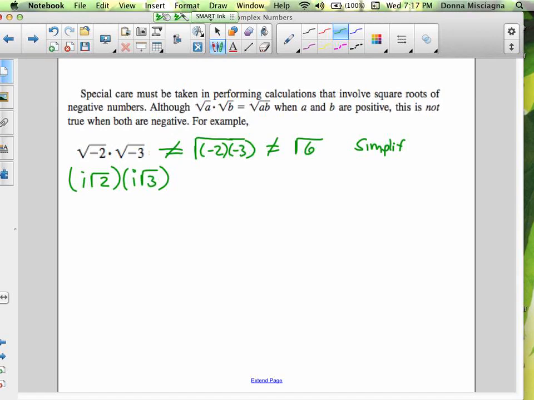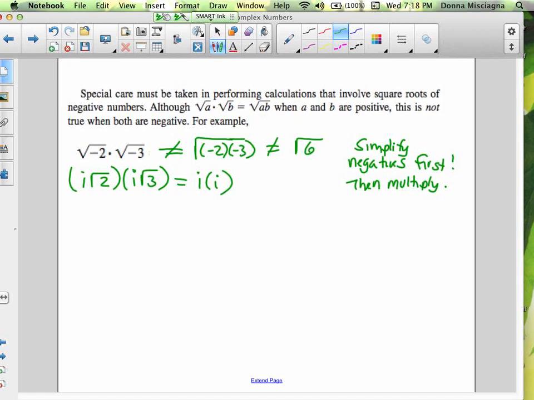So simplify negatives first, then multiply. All right, so when you're multiplying a number times a number, you multiply the coefficient by coefficient, radical by radical. So you multiply the i times the i.